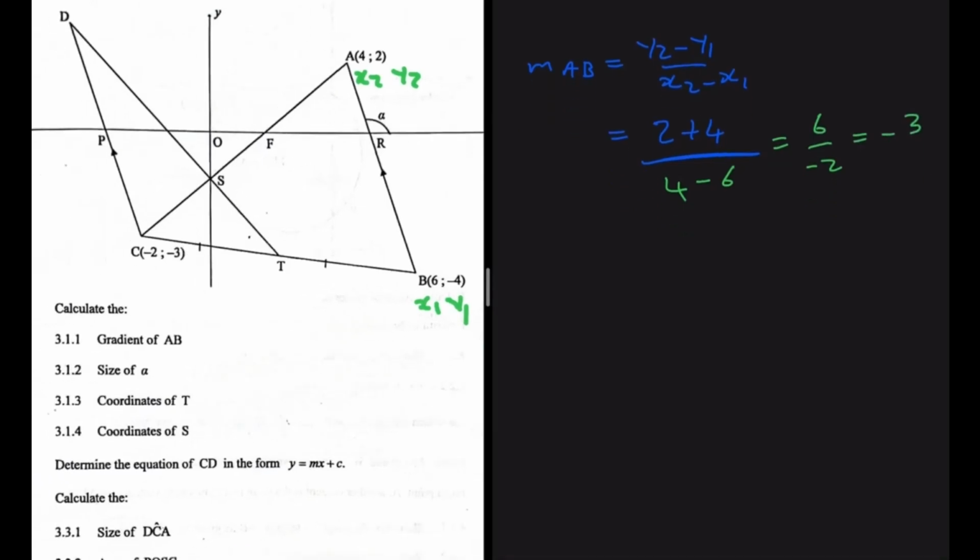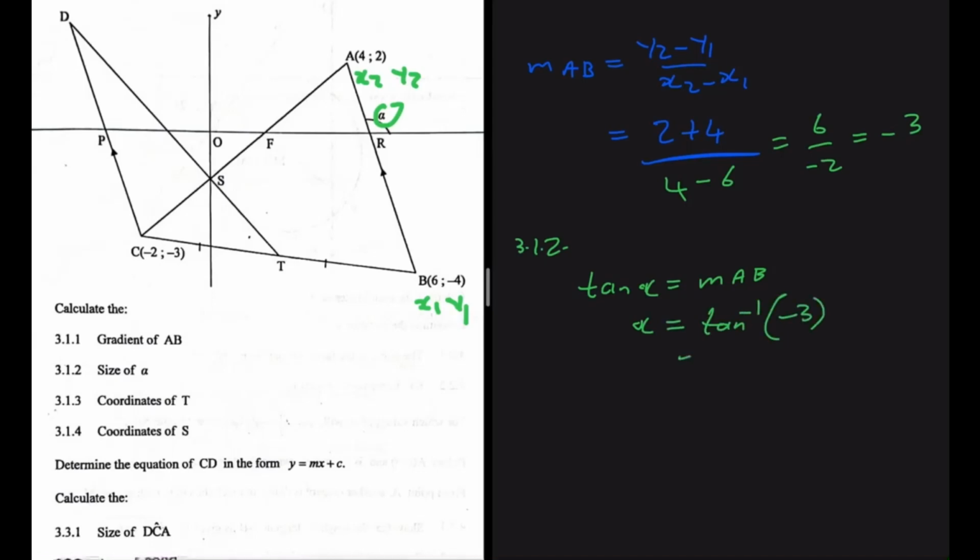Now let's do 3.1.2. That is saying, let's calculate the size of this angle here, right? So if we want to calculate the size of that angle and we already have the gradient of AB, we can just say that tan of that angle will be equal to the gradient of AB, right? So that angle will be equal to tan inverse of the gradient, which is minus 3.